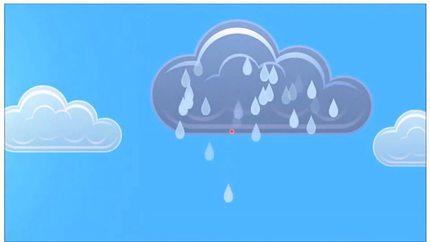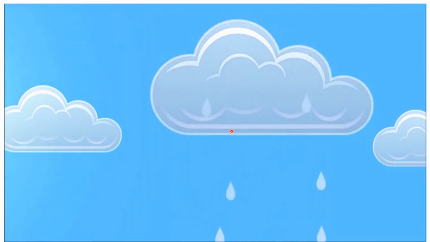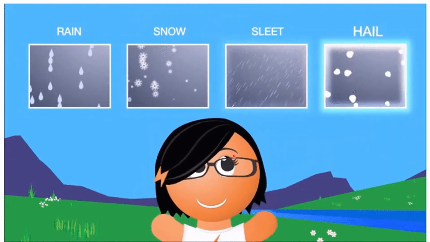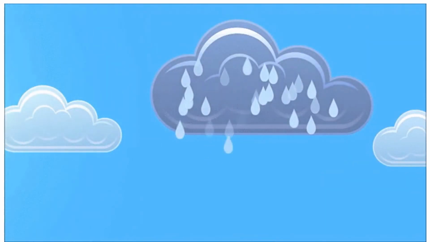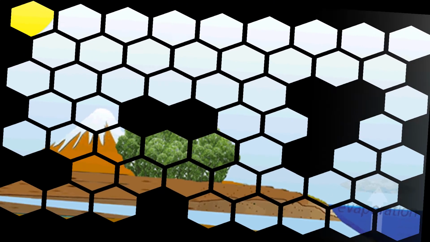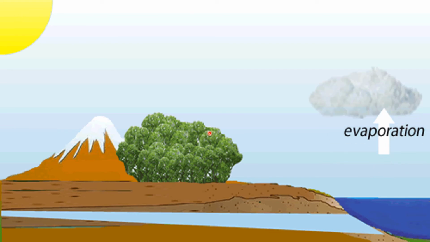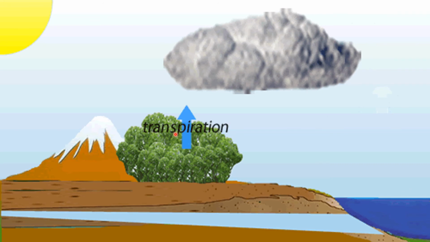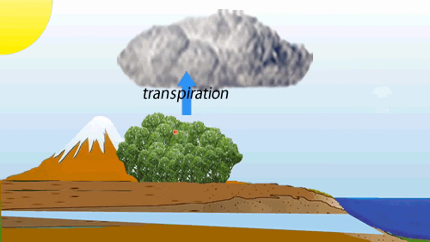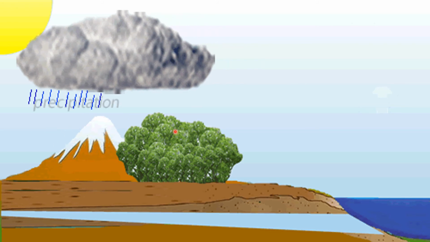So I hope, dear students, you are clear with the four events of the water cycle, that is evaporation, transpiration, condensation and precipitation. Yes, dear students. So I hope now you are clear why, after so much water vapor evaporates, we cannot see the seas and oceans drying up.